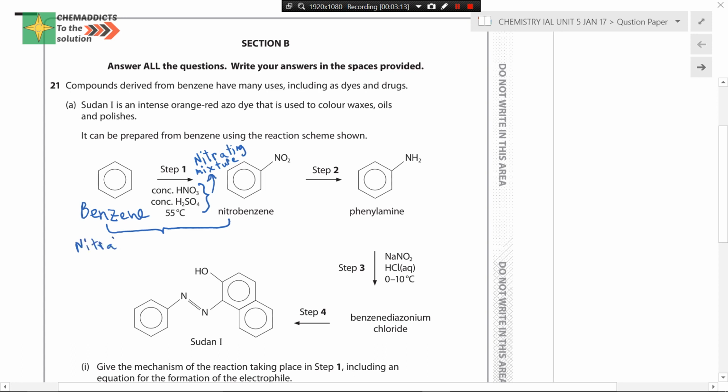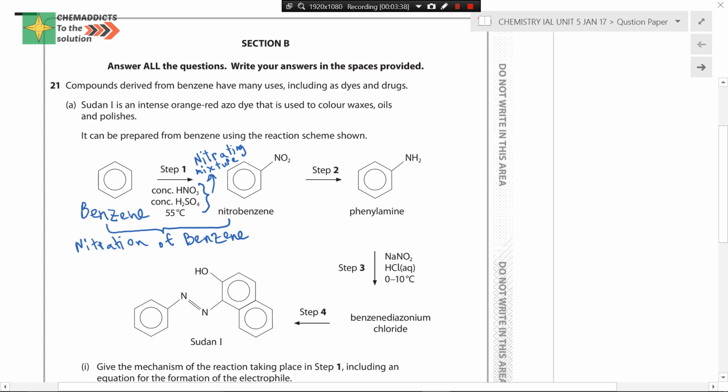Nitration of benzene. So this is called the nitration of benzene. In step 1 we are carrying out nitration of benzene. Here we have the nitrating mixture, which is concentrated nitric acid and concentrated sulfuric acid.